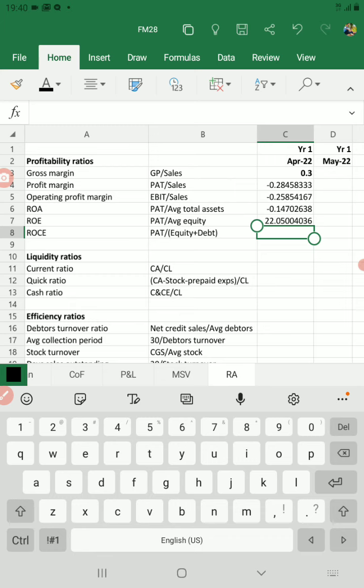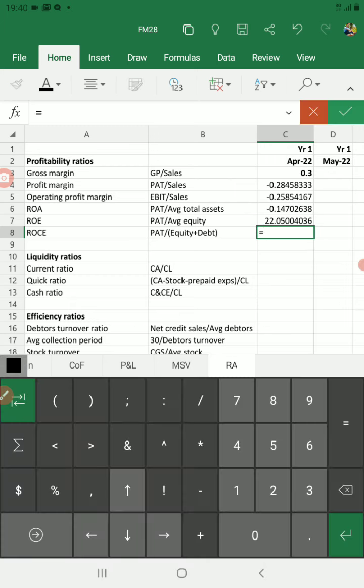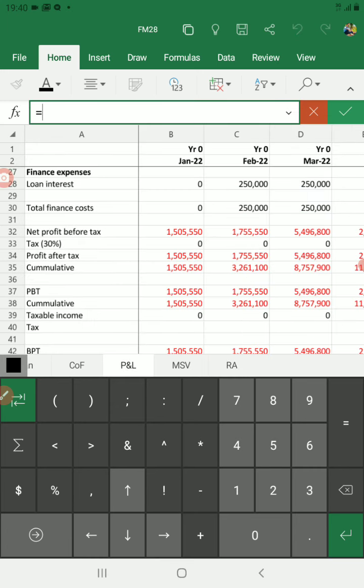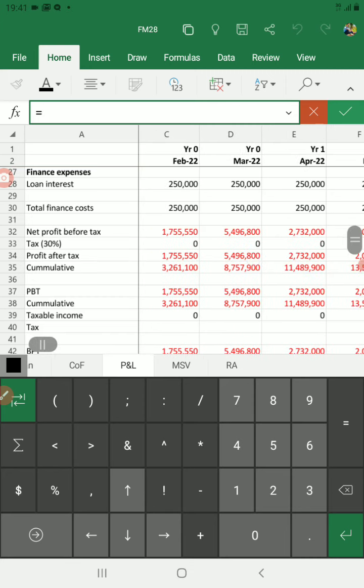So here again, start with equal sign, profit after tax. I click on the P&L sheet, go to pick the profit after tax figure, which is this one for April here. And then divide it by capital employed. So I open the bracket, the capital employed figure in this case now, because we are going to take two items.